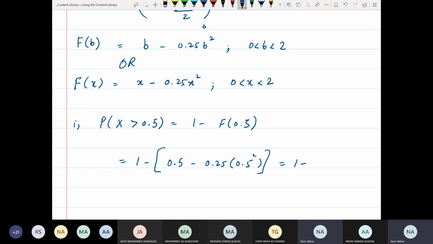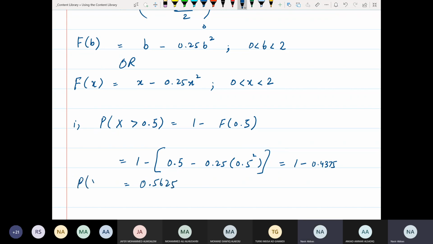And this will be equal to 1 minus, let me calculate this thing. 0.25 times 0.5 square is 0.0625, and 0.5 minus this 0.0625 is 0.4375. 1 minus 0.4375 is 0.5625.